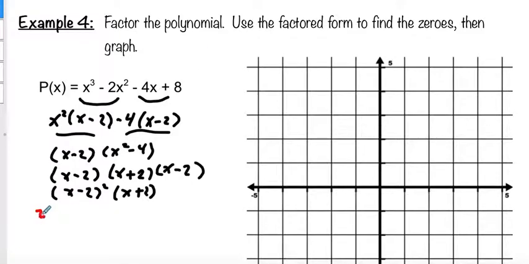So then if we were to identify the zeros here, x minus 2 there would be 2, and it has a multiplicity of 2. And then we also just have a single negative 2. So now you would plot 2 and negative 2 and continue finding the other pieces.